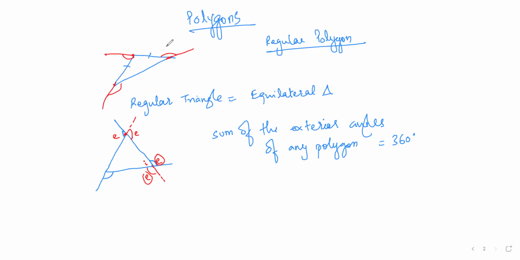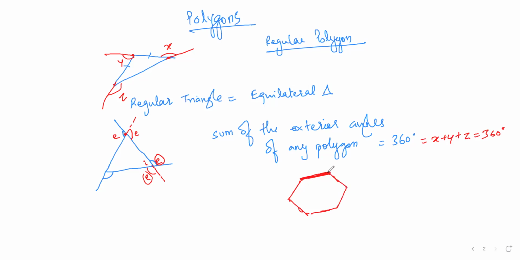And that way, if this was X and Y and Z, then X plus Y plus Z would be equal to 360 degrees. Got it? Let's take a hexagon, a regular hexagon, where all sides and all angles are equal.